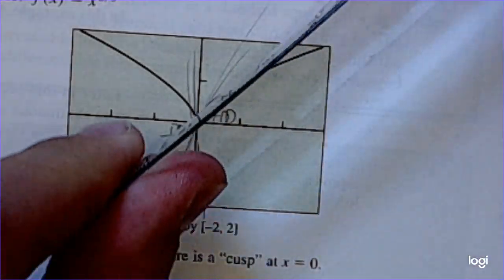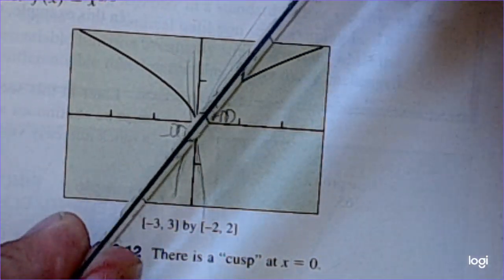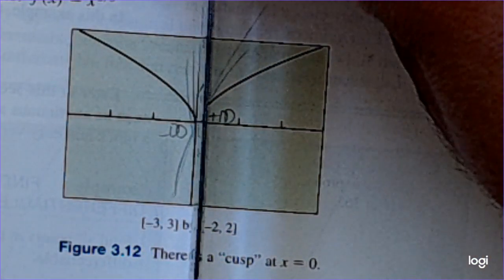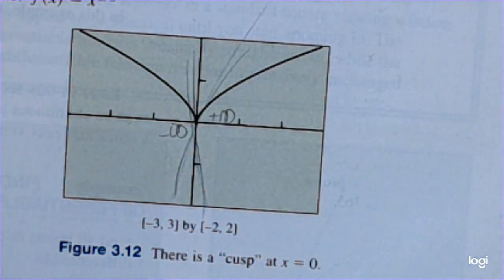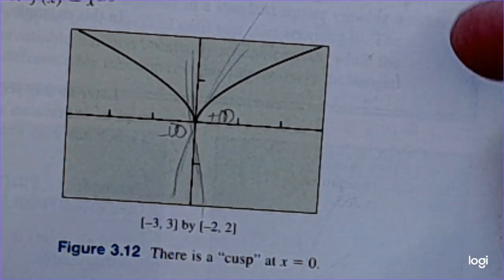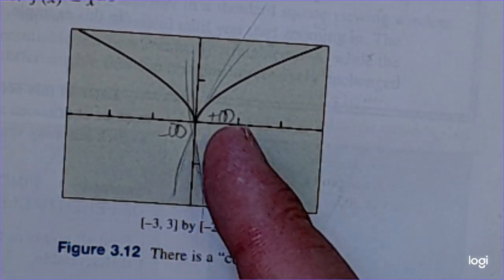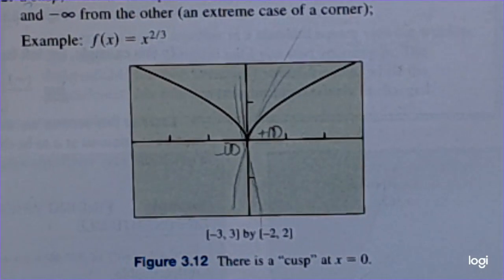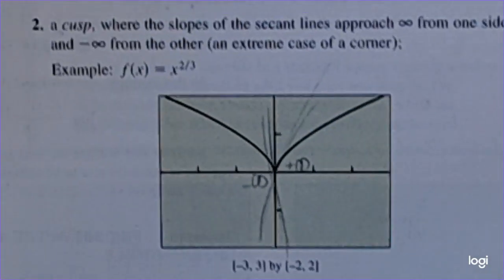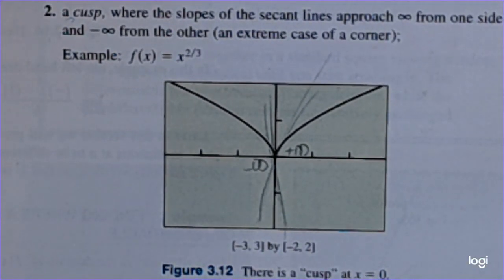If we approach from the right-hand side, we see the same thing. The slope turns and it's practically positive infinity at that point. So a cusp, where we have two curves that meet sharply, also fails to have a derivative at that point, which means it's not differentiable.